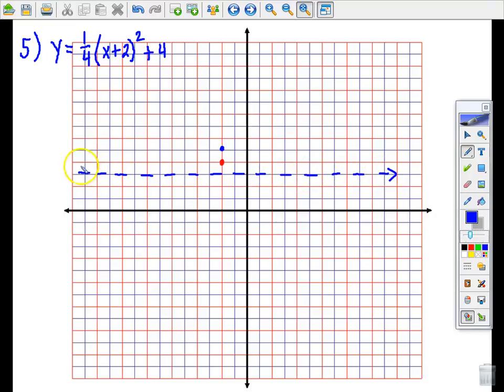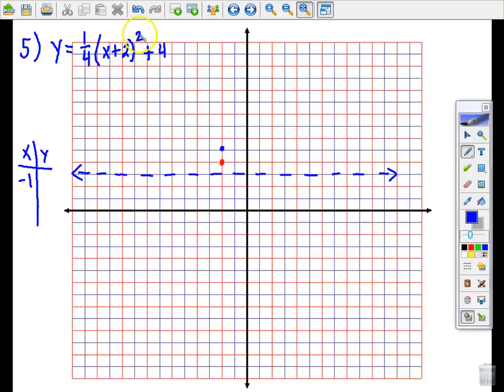Okay. And now it's just a matter of doing some inputs and outputs. And I just really need 2 numbers. I like to stay, here's my AOS. Remember the AOS? I'm just going to stay pretty close to the AOS. I'm going to plug in -1 for x. Okay? If I let x be -1, let's see if we can do some mental math here. -1 plus 2 is 1.